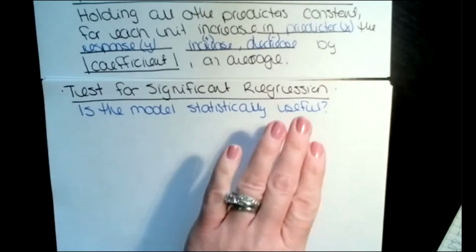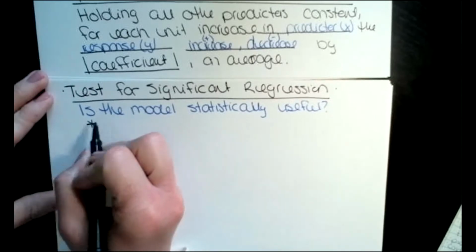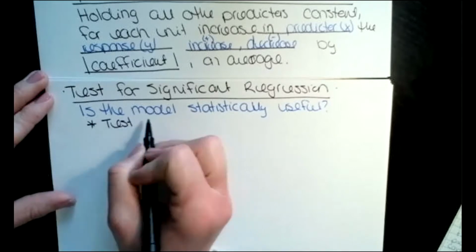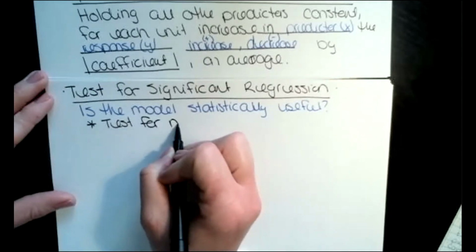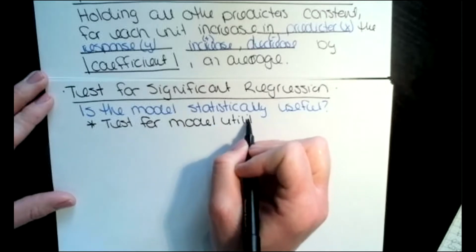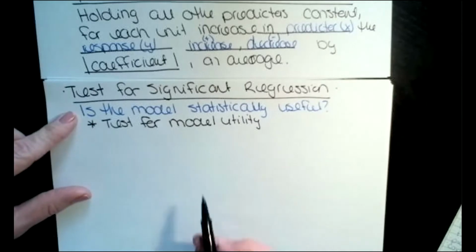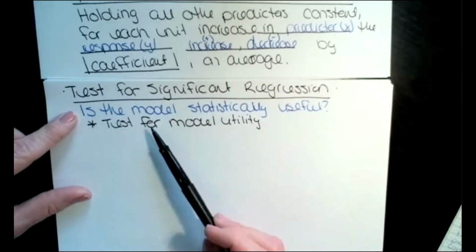I want you to know there's another name for this, and I will try to write them both. This could also be called the test for model utility, and all it is saying is, is the model statistically useful? So it could be significant regression or model utility.